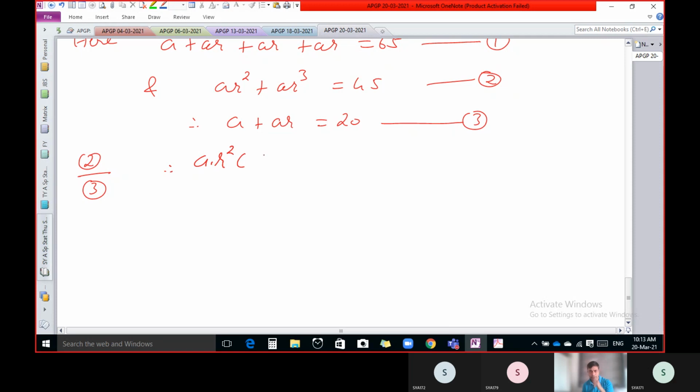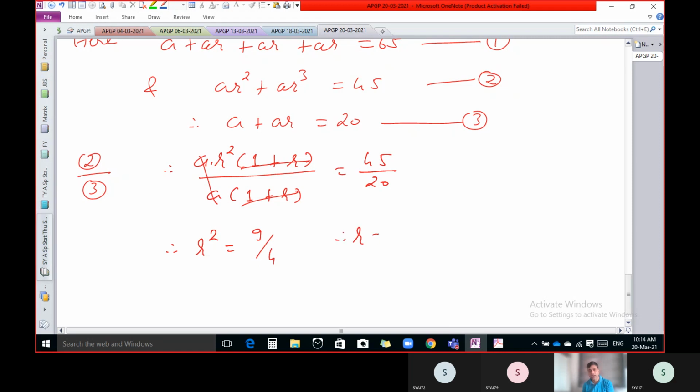So what we get? r square into a times 1 plus r, equal to 45 by 20. You can cancel a into 1 plus r, so we get only r square, and dividing by 5, we get 9 by 4.